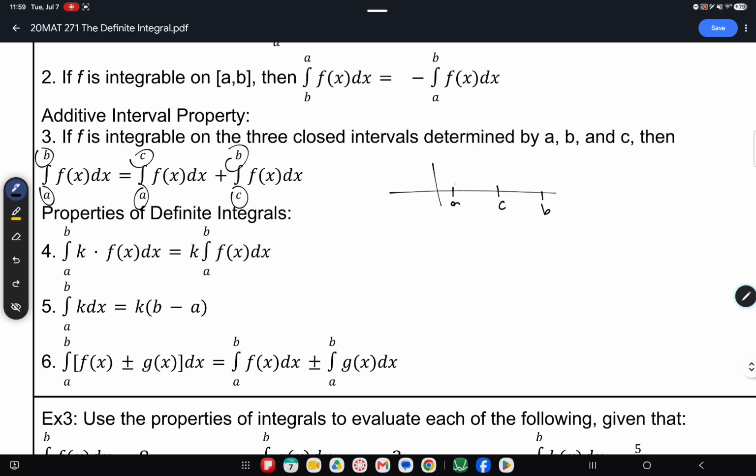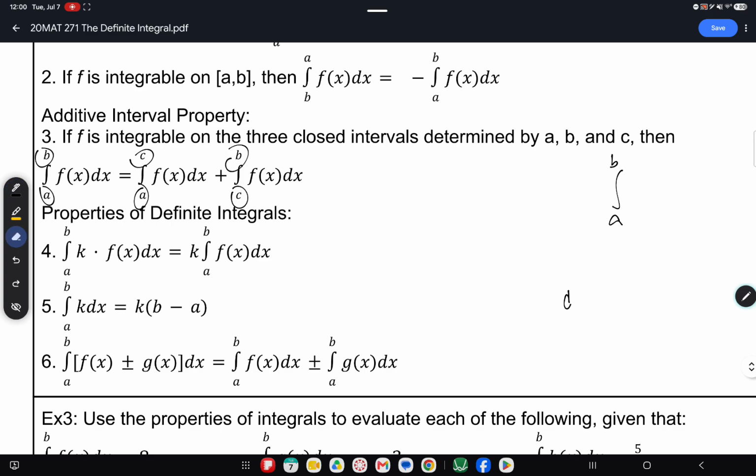Maybe we have something triangular here, and then something like a semicircle here. Not that it really matters. But this whole area from a to b of this function would be the same as if I did one chunk first, a to c, and then c to b, right?